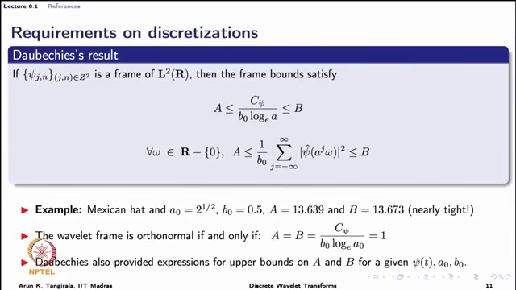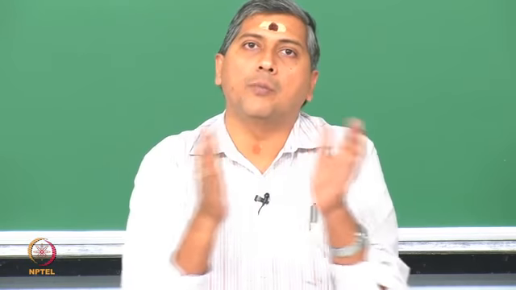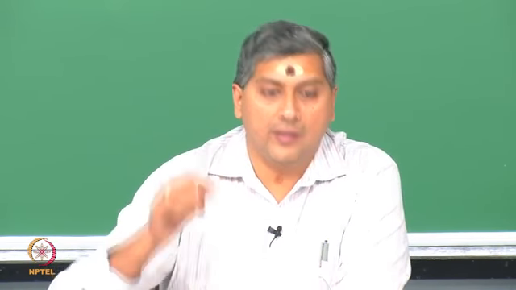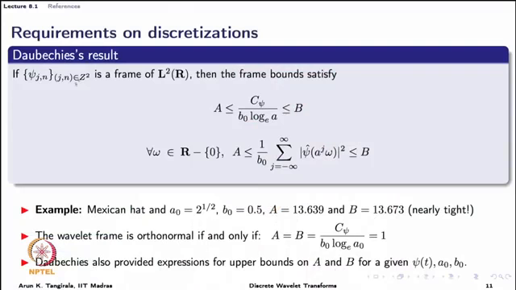So, what is the requirement on discretization? This was a fundamental result by Daubechies who showed what conditions are required to generate a wavelet frame. In other words, there should be no gaps in the tiles. It turns out that any family of wavelets that you obtain by discretizing, this should not be j comma n, this should be m comma n, any family of wavelets that you obtain by discretizing the scale and translation will give rise to a stable representation, or a frame in the two-dimensional real space, if and only if the frame bounds satisfy this.